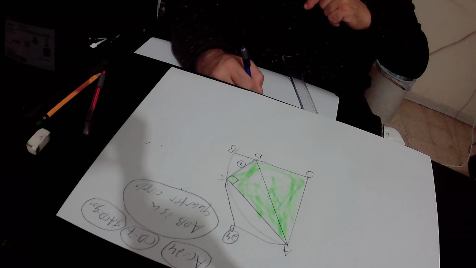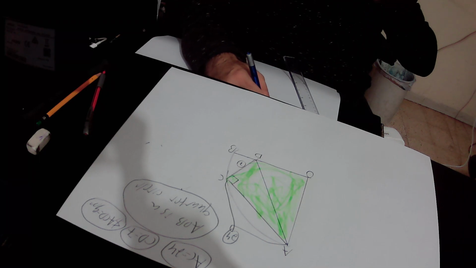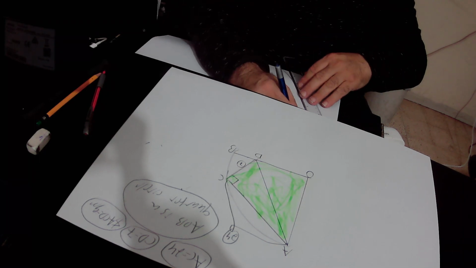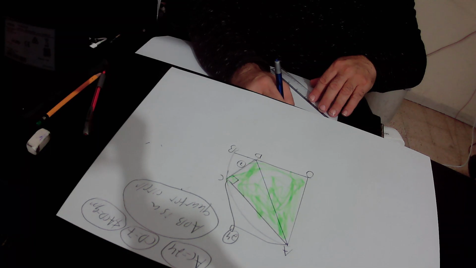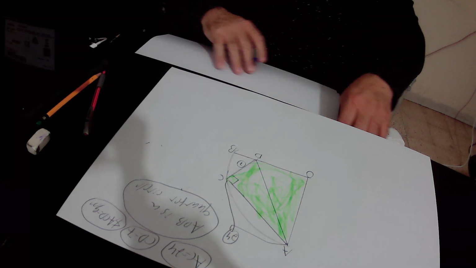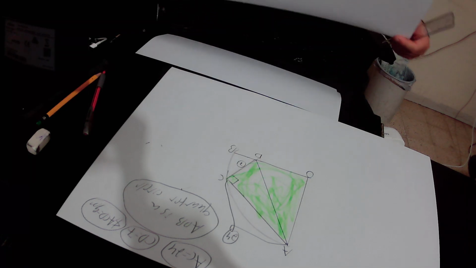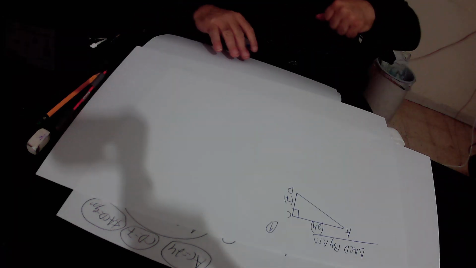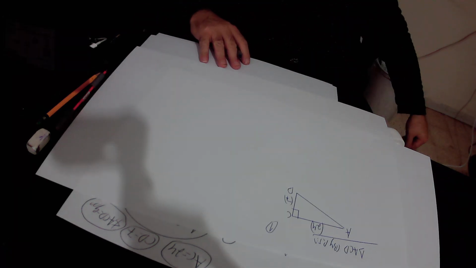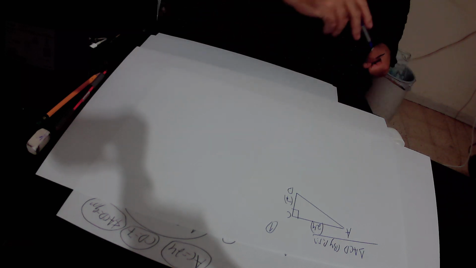CD equals 7 units in length, and AC equals 24 units in length. So actually, this is the right triangle ACD from the original drawing. CD equals 7 and AC equals 24.